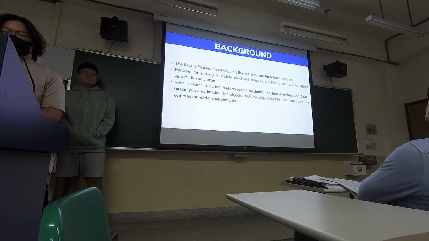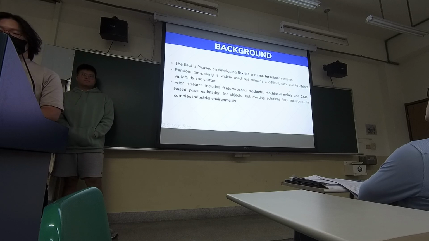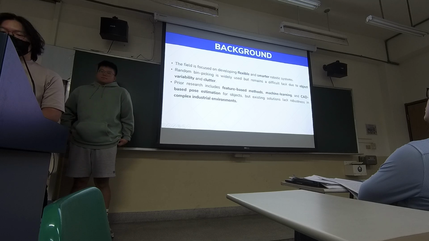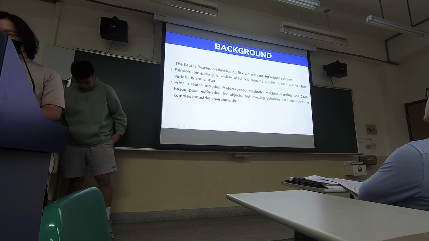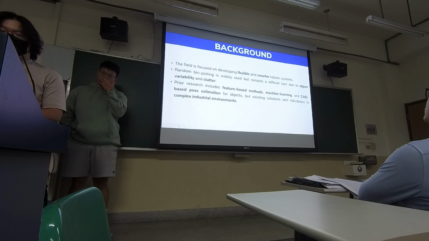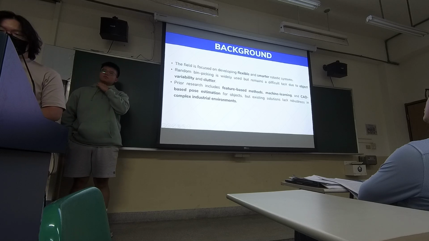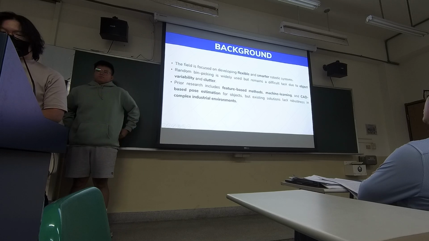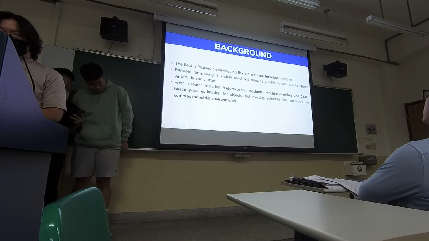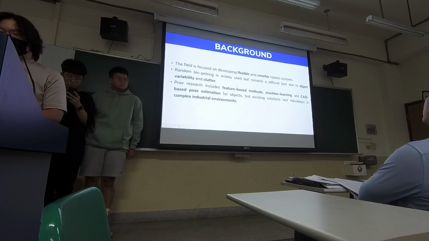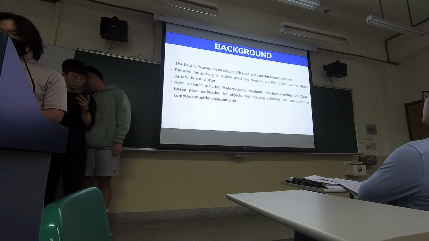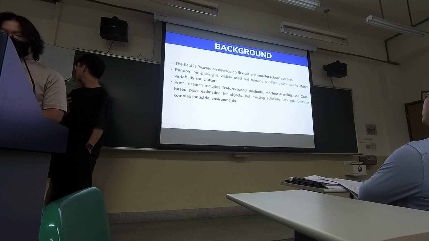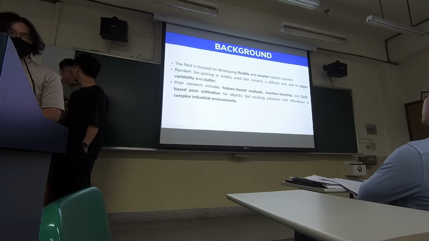And random bin picking is widely studied but remains a difficult task due to object variability and clutter. Prior research includes feature-based methods, machine learning, and model-based pose estimation for objects. But existing solutions lack robustness in complex industrial environments.